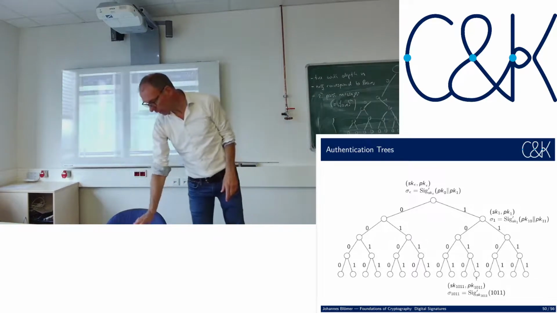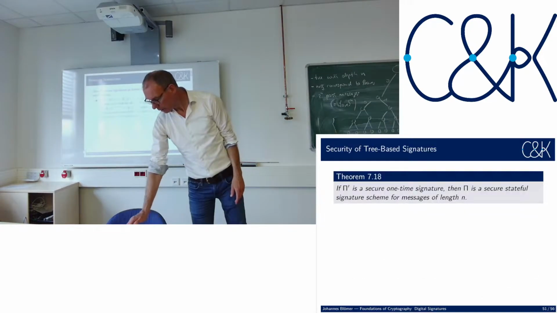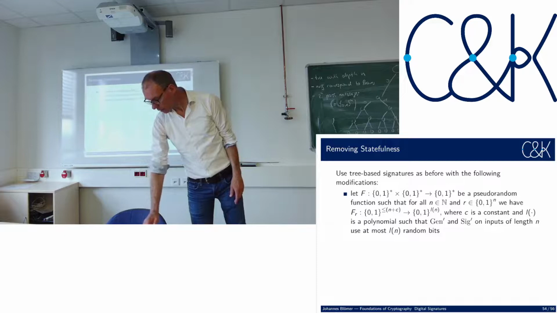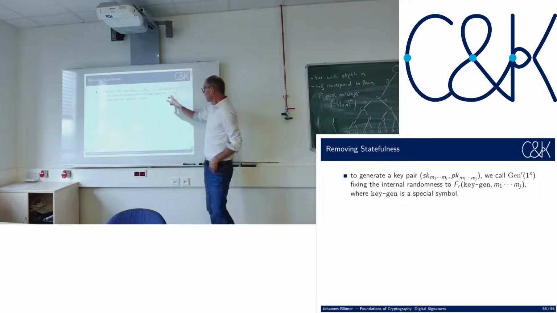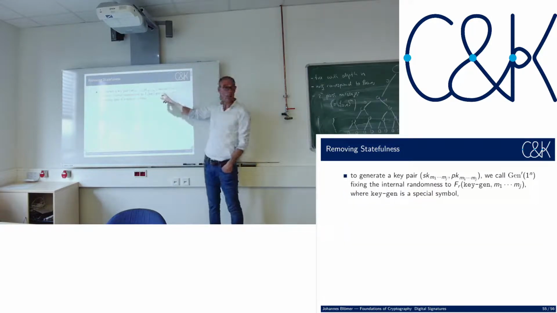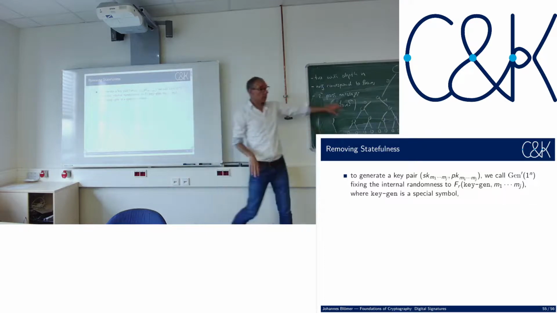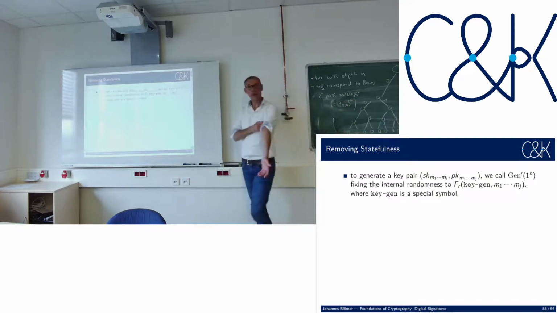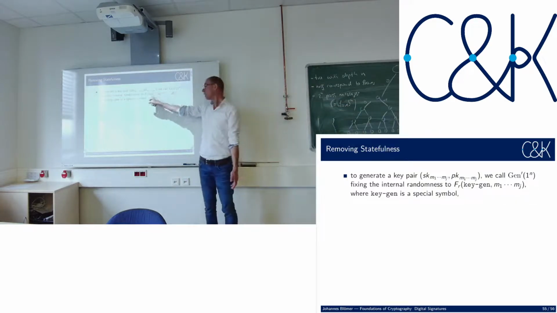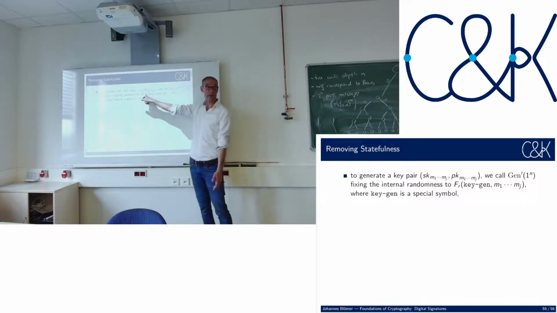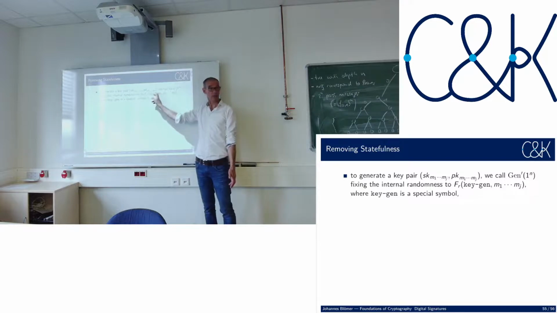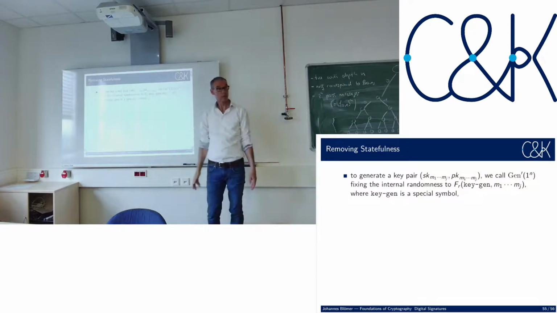So what this says is that m1 through mj specifies a node in the tree. If you want to generate keys, key gen uses this randomness, F with index r on this input, which gives you L(n) bits.